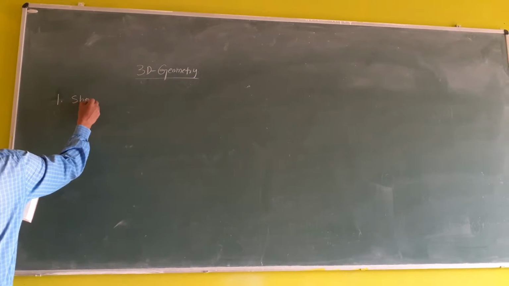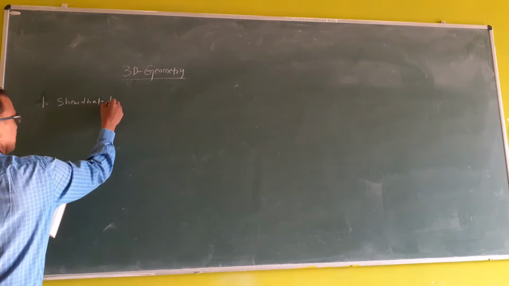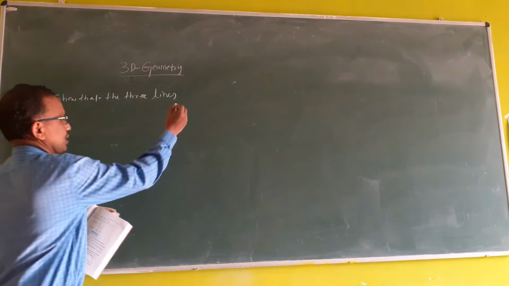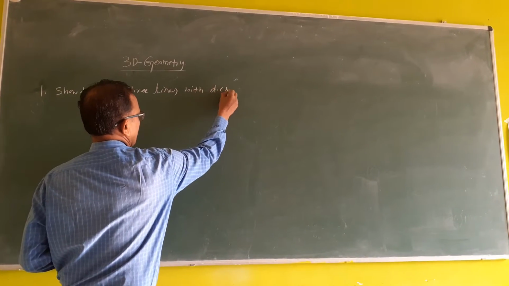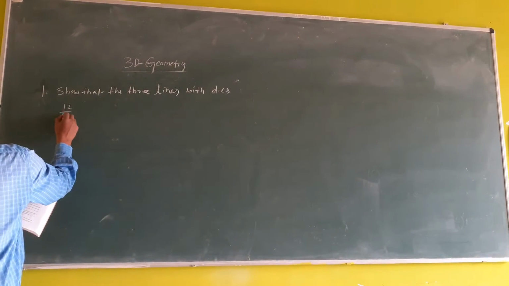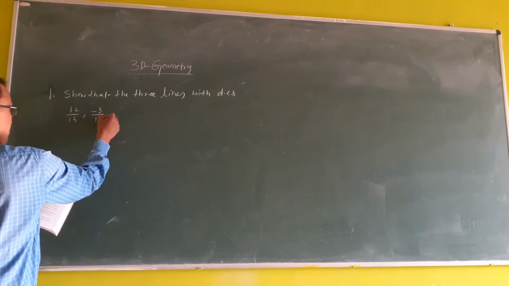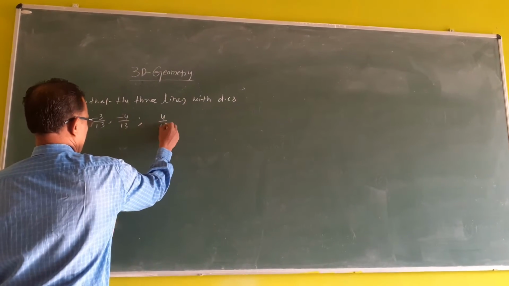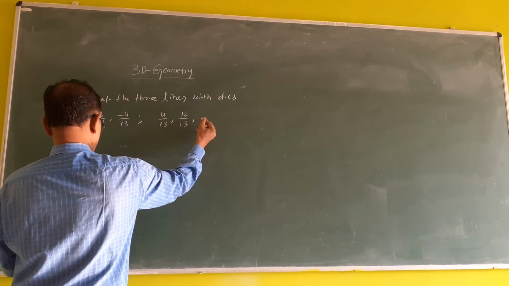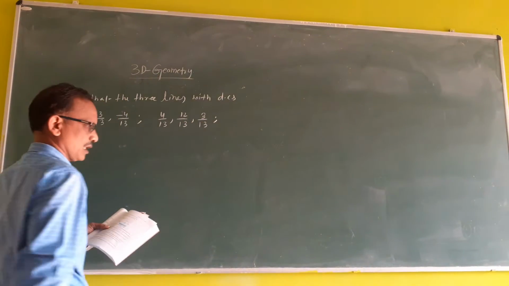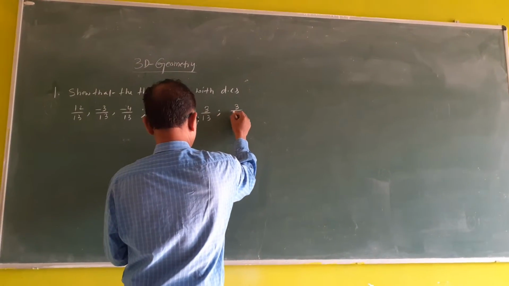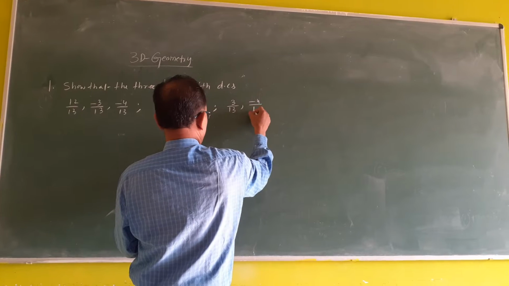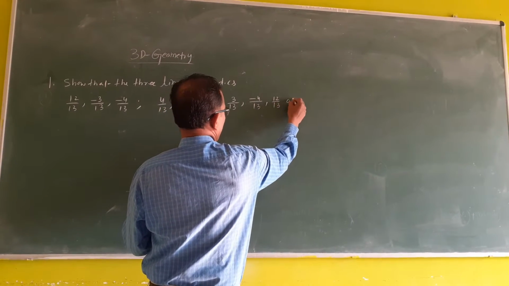First problem, show that the three lines with direction cosines 12 by 13, minus 3 by 13, 4 by 13 for one line, next 4 by 13, 12 by 13, 3 by 13 for another line, and the third line with direction cosines 3 by 13, minus 4 by 13, 12 by 13 are mutually perpendicular.